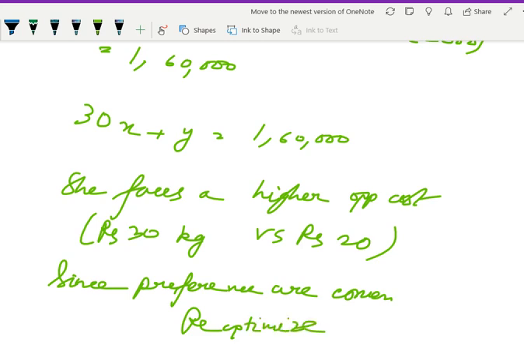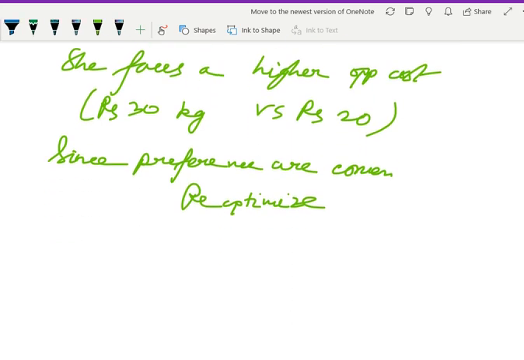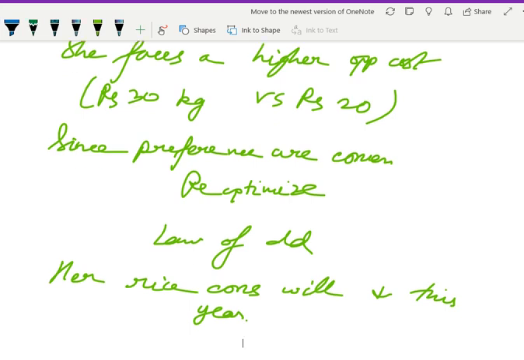A price increase for rice will lead her to consume less rice, the law of demand, and sell some. So my answer is her rice consumption will decrease this year. Why? Because rice has become relatively more expensive compared to other goods, and she will choose to sell some of the rice and consume less than 2000 kg. I hope this is clear.